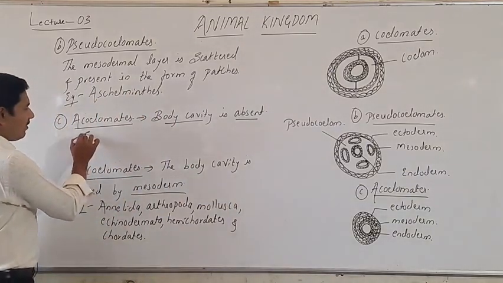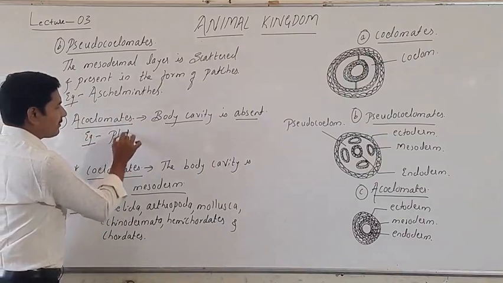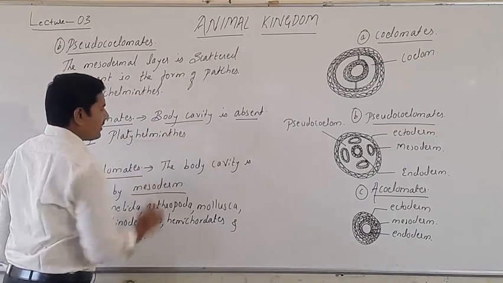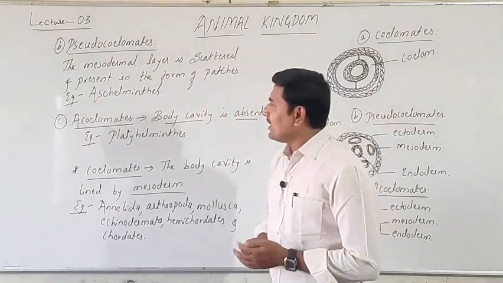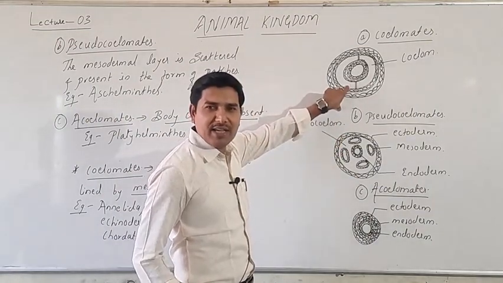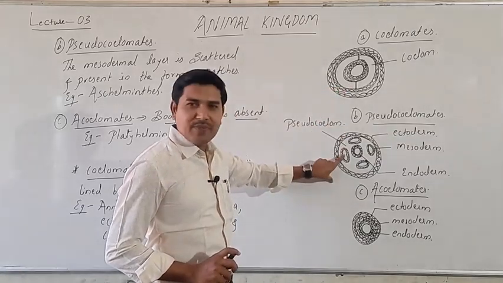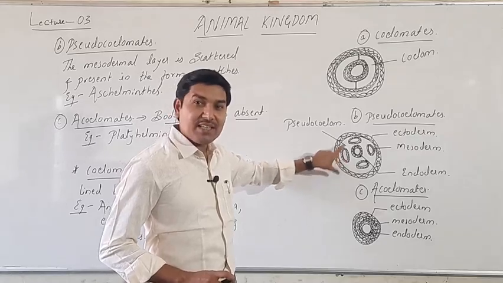Such acoelomates we observe in Platyhelminthes, flatworms. Okay, so this is regarding coelomates, presence of a true body cavity. Remember, this is in the embryonic stage. Pseudocoelomate, false body cavity, where the mesodermal cells are present in the form of patches.